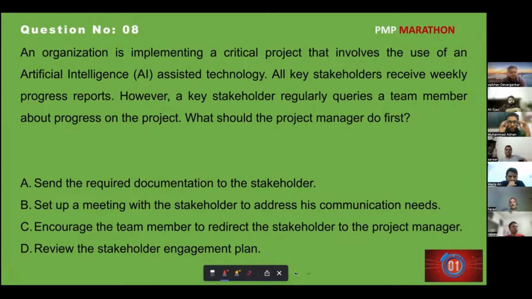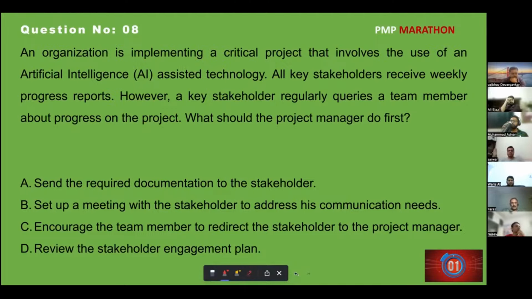So what will be your answer? What should the project manager do first? A key stakeholder receives weekly progress reports, however, the stakeholder regularly queries a team member about the progress on the project. A, send the required document to the stakeholder; I will eliminate this because no document is requested.